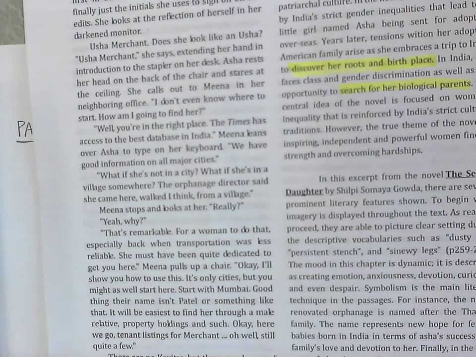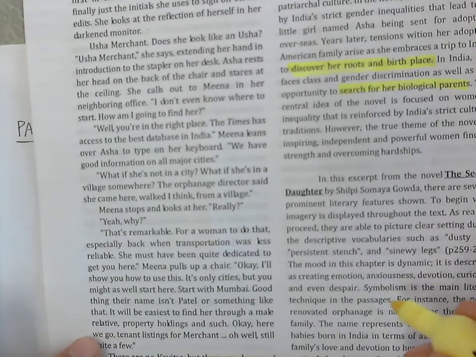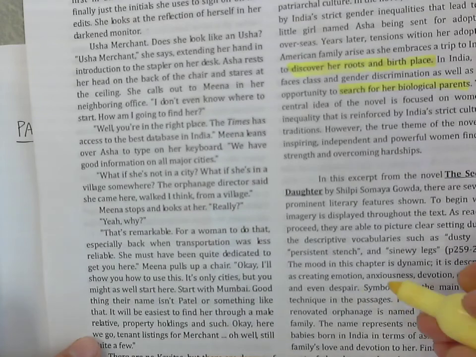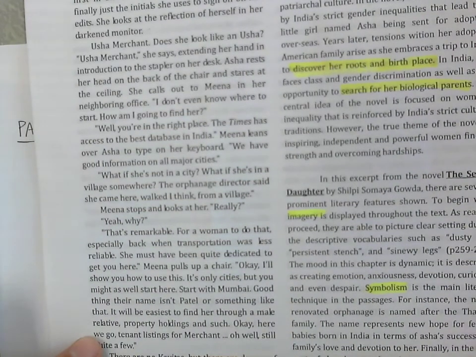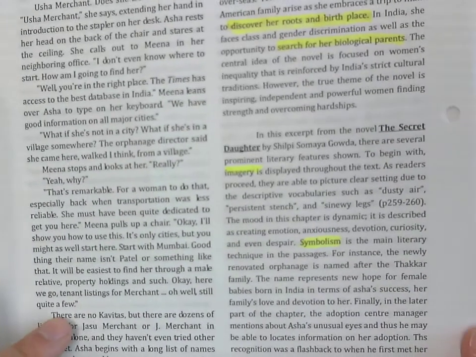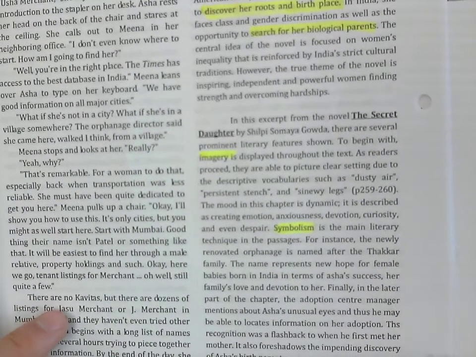So moving on. We have symbolism here, and of course, imagery and symbolism. For instance, the newly renovated orphanage is named after the Thakkar family. The name represents a new hope for female babies born in India in terms of Asha's success, her family's love and devotion to her.